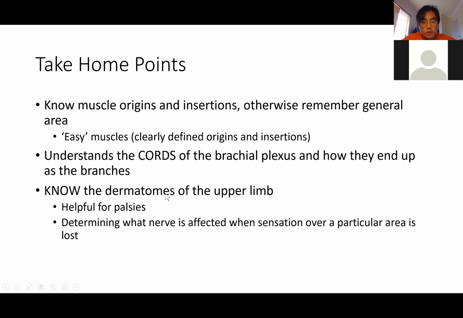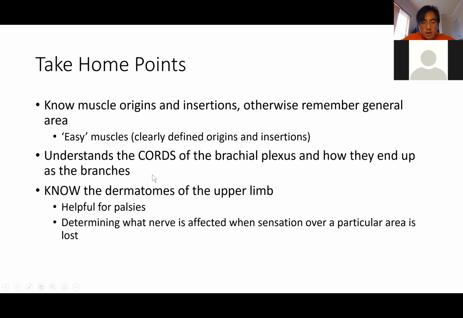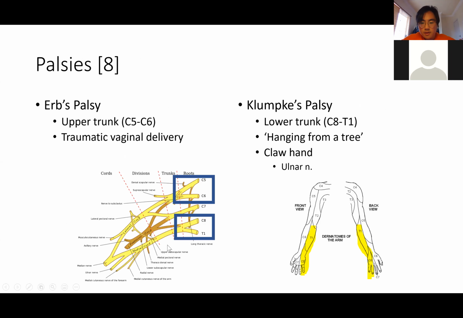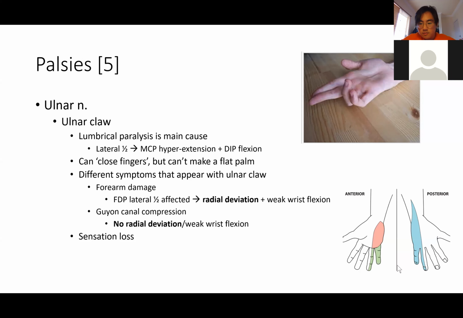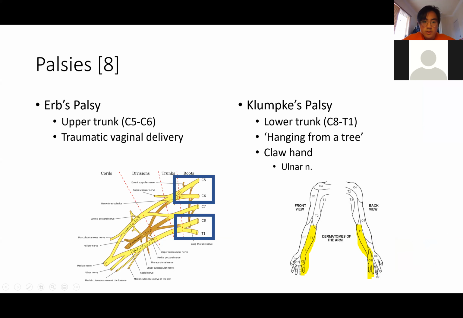Finally, know the dermatomes of the upper limb. So this image over here, right? If T1, C8 is affected at the spinal cord level, you know that it will be the ulnar nerve. It's helpful for the palsies and determining what nerve is affected when sensation over a particular area is lost. And the other thing you need to know is the hand, right? Which region is responsible for which nerve, or which nerve is responsible for which region.